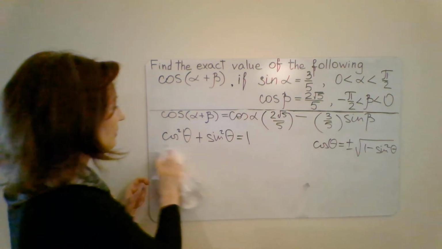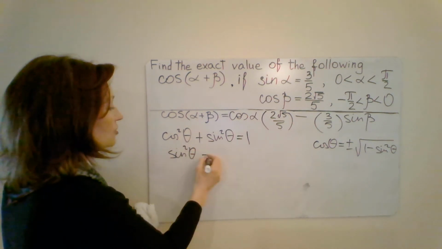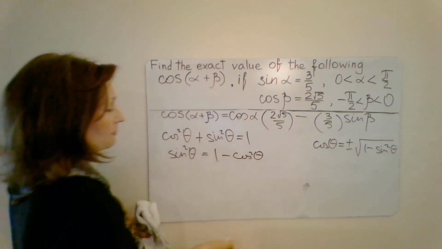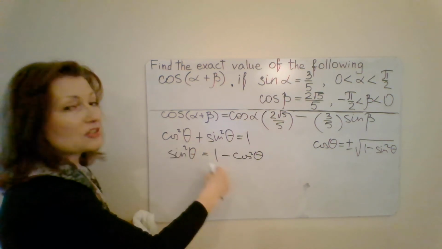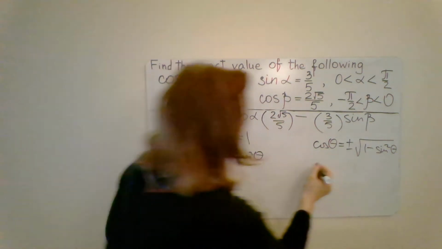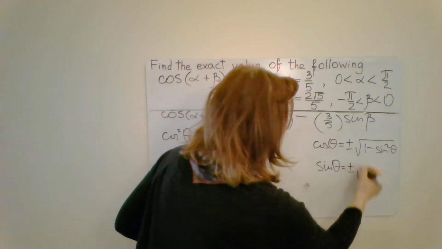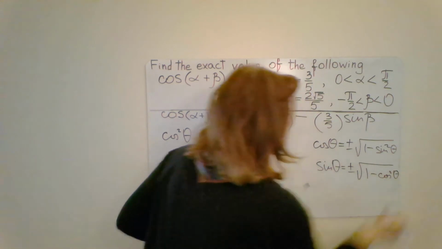And to express sine theta, we express sine squared theta as 1 minus cosine squared theta. And then sine is equal to, and again we square root both sides. Don't forget plus or minus, square root of 1 minus cosine squared theta.